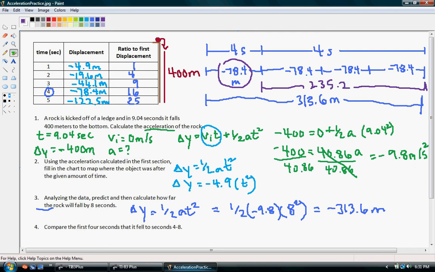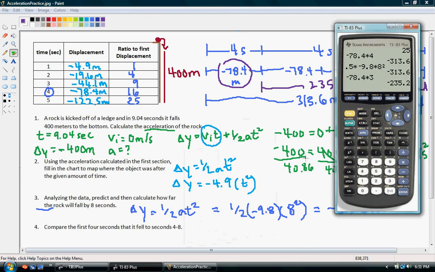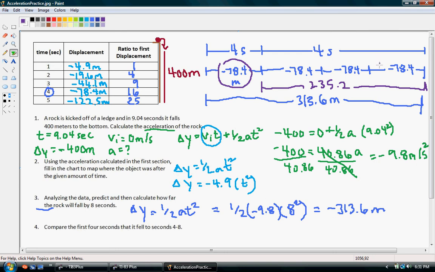If we were to compare these two numbers to see how many times bigger the second section is, I'm taking how far it fell in the last 4 seconds, from seconds 4 to 8, and dividing by how far it went in the first 4 seconds, and I get 3. So notice it went 3 times further in the second set of 4 seconds than it did compared to the first set of 4 seconds.